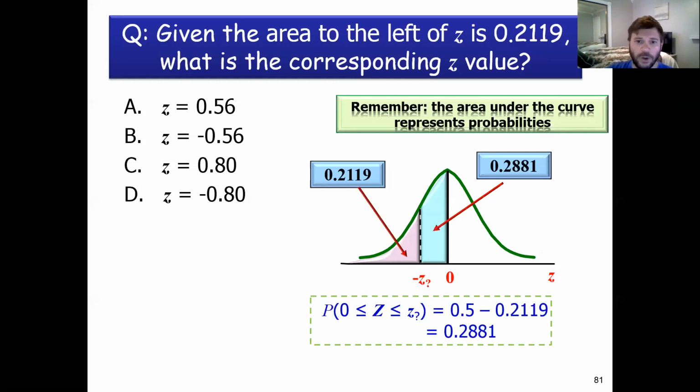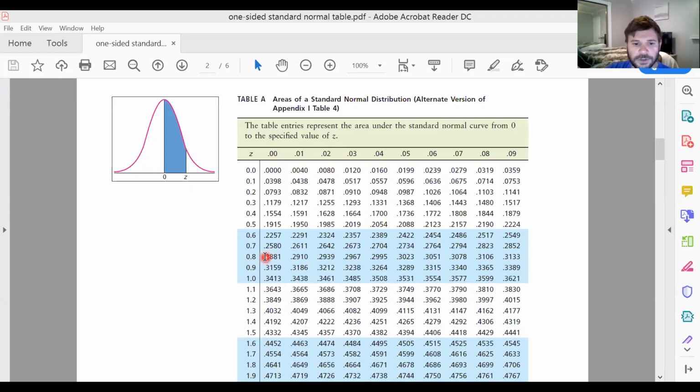At this point, we're going to switch to our table and find the value that corresponds to 0.2881, which should give us an approximate z value up to 2 decimal places. If we look around this row, we find the value 0.2881 precisely here.